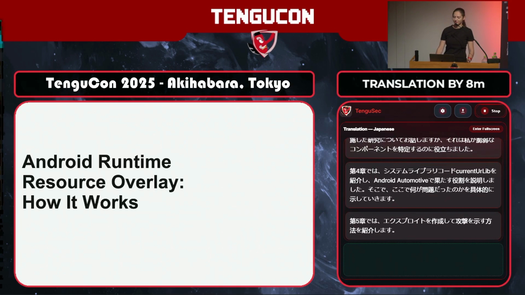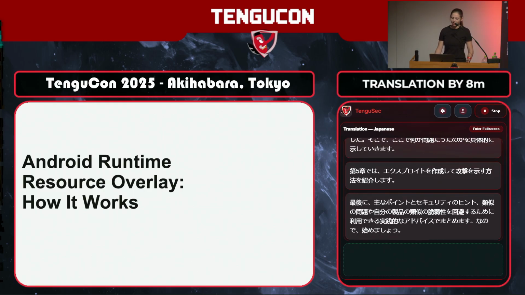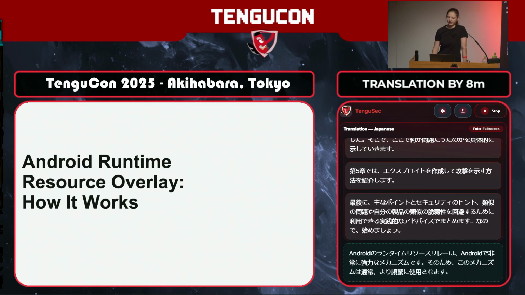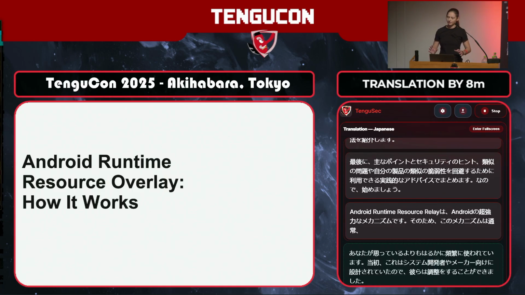So let's get started. Android Runtime Resource Overlay is a super powerful mechanism in Android. This mechanism is used way more often than you might think. It was initially designed for system developers and manufacturers, so they can adjust the look of the operating system, the user interface.